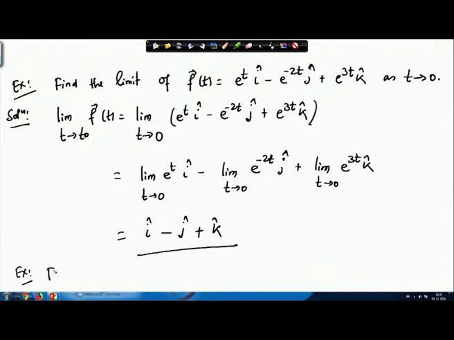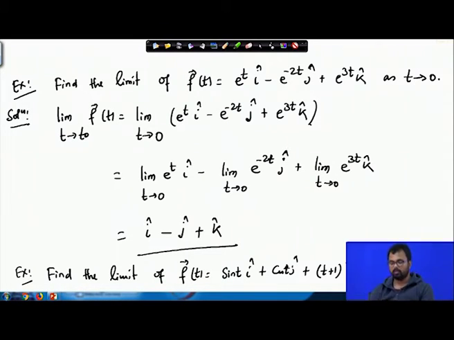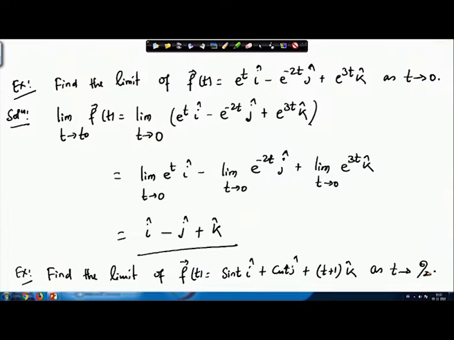So, for example, find the limit of, let us say, f(t) equals sin t i plus cos t j plus (t plus 1) k as t goes to pi by 2. So, when t goes to pi by 2, we will pass the limit, then this will be 1, this will be 0, this will be pi by 2 plus 1. So, ultimately the answer will be i plus (pi by 2 plus 1) k.